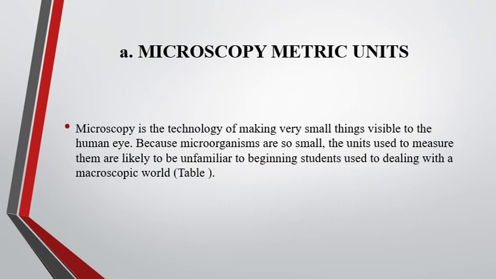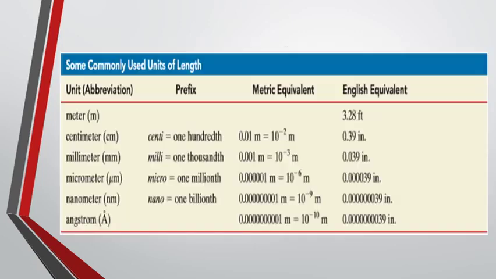Simply, microscopy is a technology for making very small things visible to the human eye, because microorganisms are very tiny, and the units used to measure them are likely to be unfamiliar to beginning students. So we deal with a microscopic world as given here in this table.